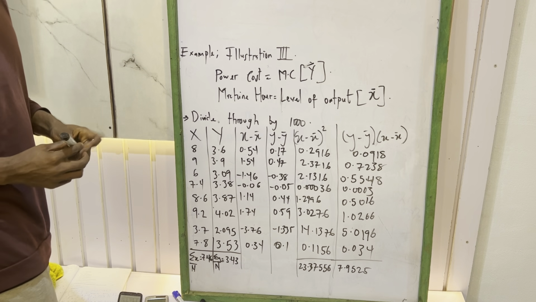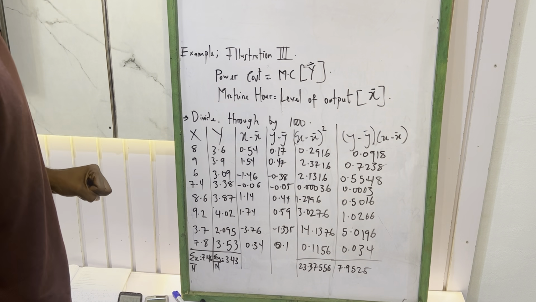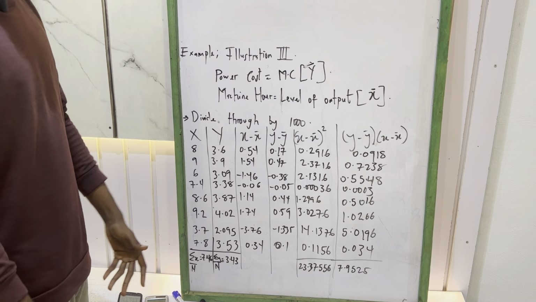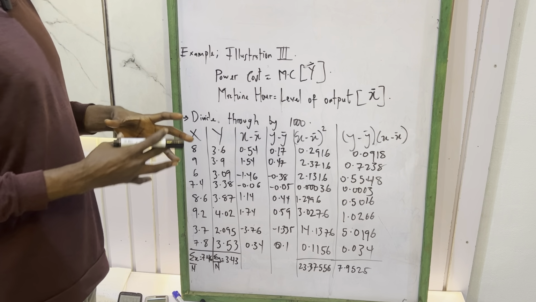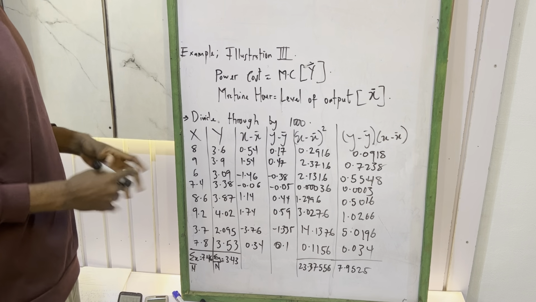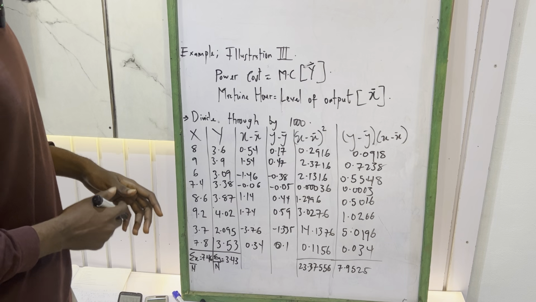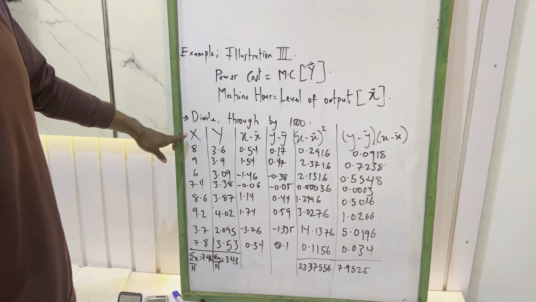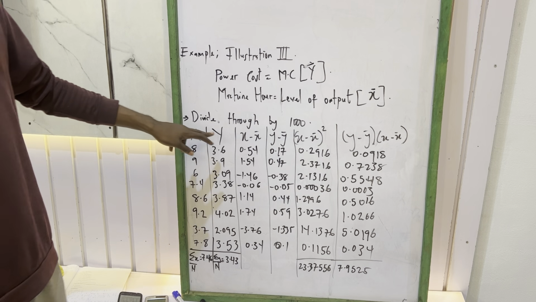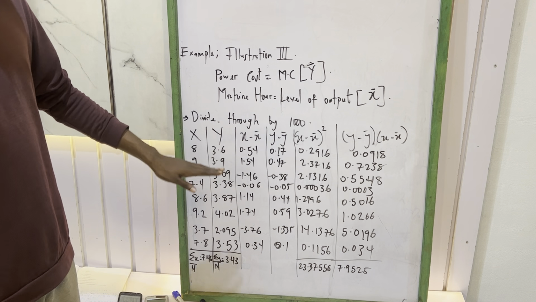First, we said we are dividing through by 1000, because in the question, that's what they did also. It's big and ambiguous, so we had to shrink it down. So we had the X, level of output, first, normal statistics. Then we have the Y. Then we had our parameters.